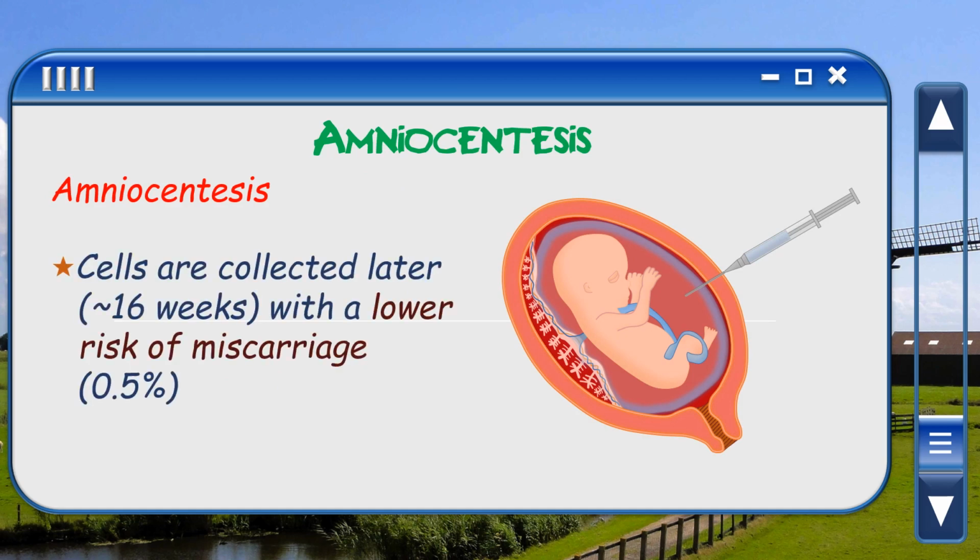In amniocentesis, the cells are collected at approximately 16 weeks from the amniotic fluid. It has a lower risk of miscarriage, around 0.5%. The cells collected from the amniotic fluid can then be induced to undergo division so that we can see whether aneuploidy has taken place.